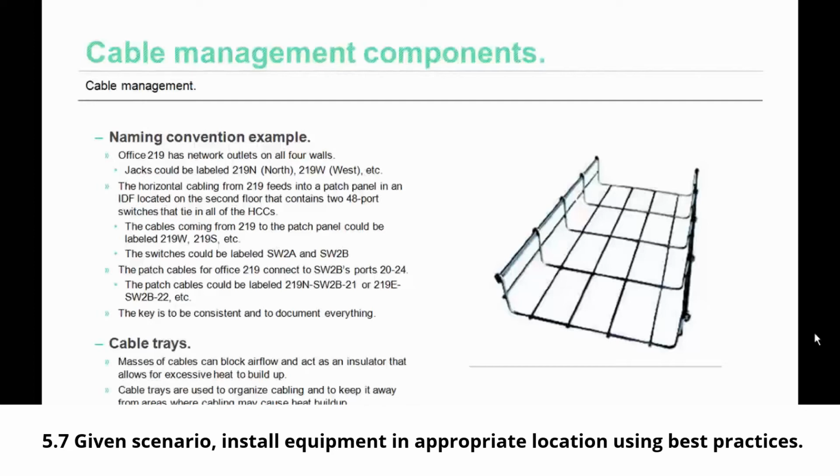The cables coming in from Office 219 to the patch panel could be labeled 219W or 219S, etc., as it relates to their location in the office. The switches could be labeled SW2A and SW2B. Now suppose that the patch cables for Office 219 connect to switch 2B's ports 20 through 24.